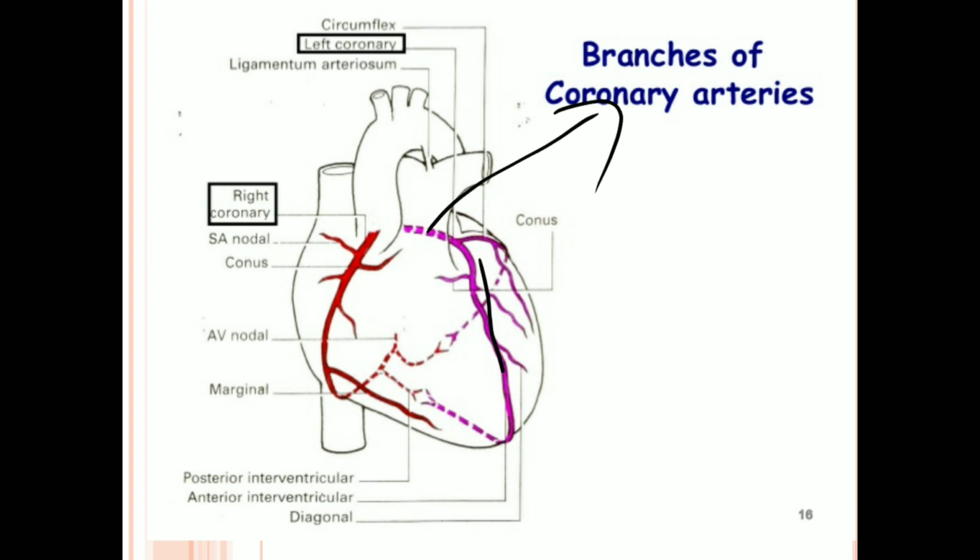That is the anterior interventricular artery. Ascending up, this is the posterior, which runs forming the posterior interventricular artery. One more branch from it is called the diagonal artery. This is the artery called the circumflex artery. So these are the branches of the left coronary artery. You can clearly see them in the diagram.